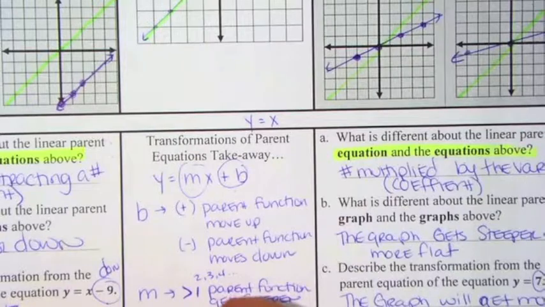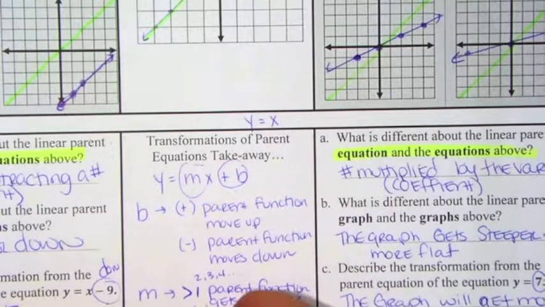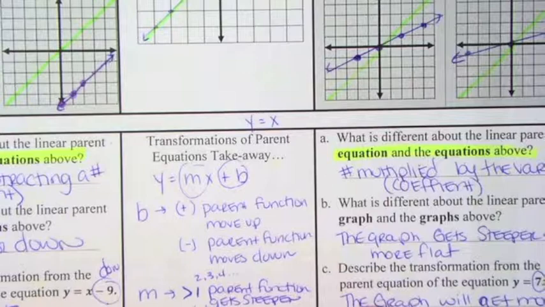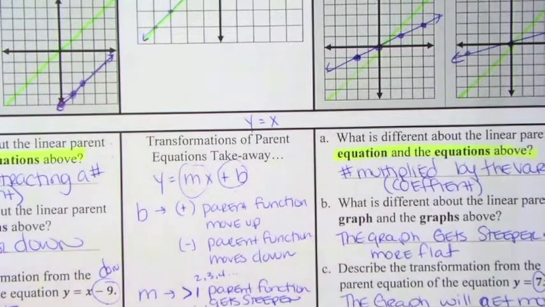If we have a number that's less than 1, for example, 1/2, 1/4, 1/8, then the parent function gets flatter, gets more flat. Okay? Continue to work on this throughout the unit.